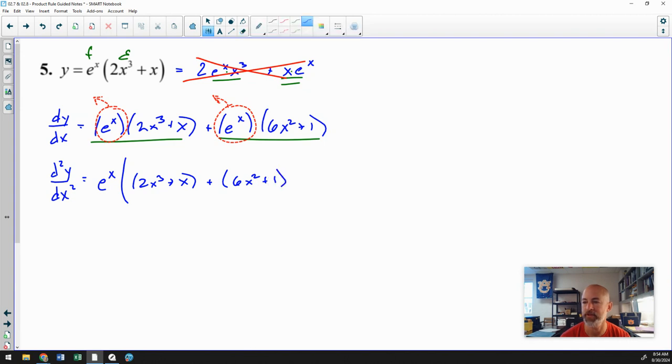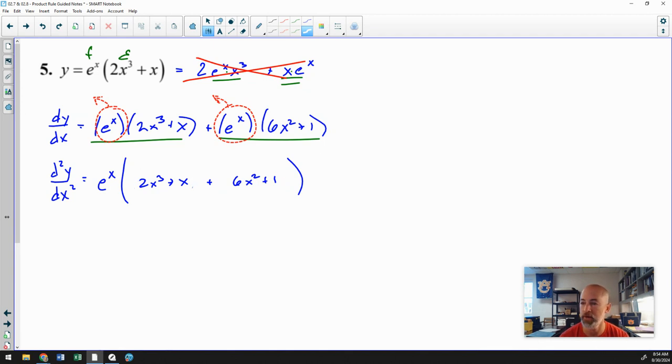After I factor out that e to the x, I look at what's left and see, can I add or subtract or combine anything? I have x cubed, x to the first, 6x squared, and a 1. No, I cannot. That also means these parentheses aren't accomplishing anything. There's nothing being distributed through that, so I'm just going to get rid of those parentheses.